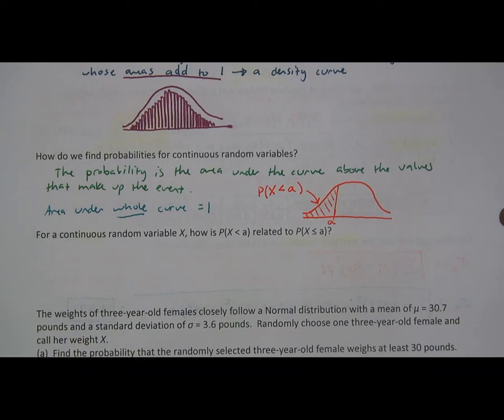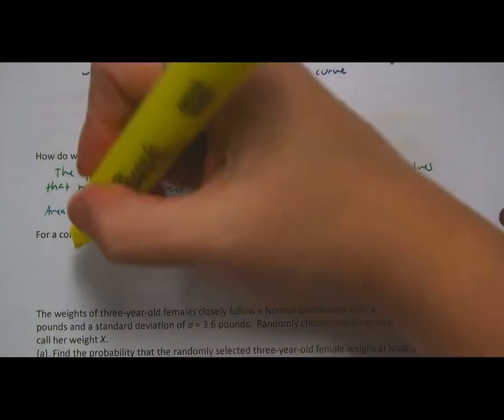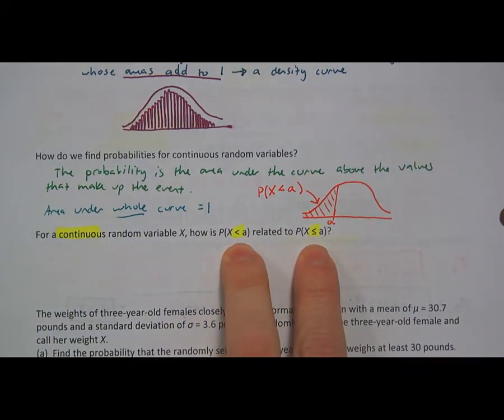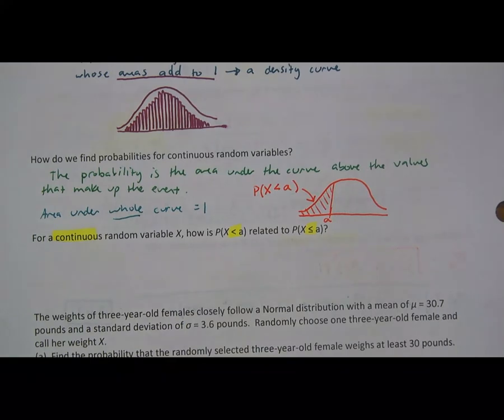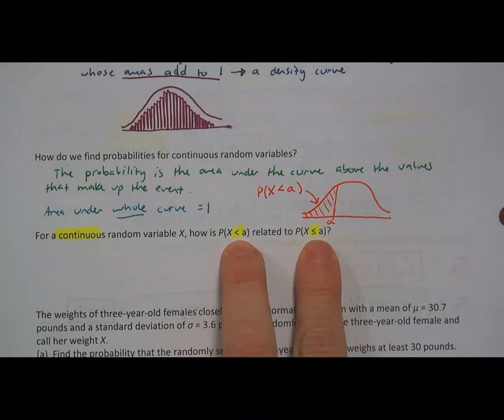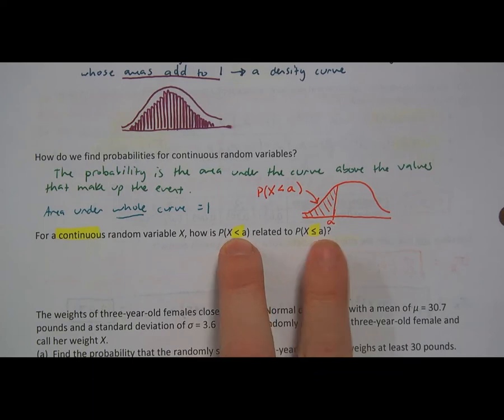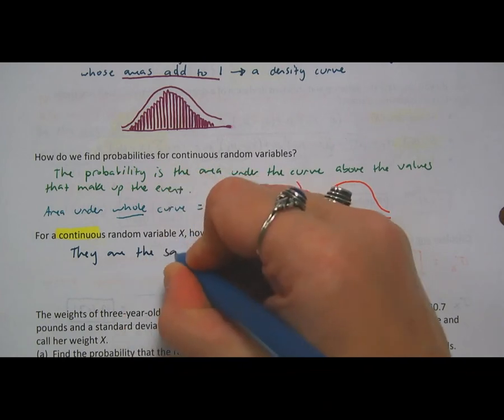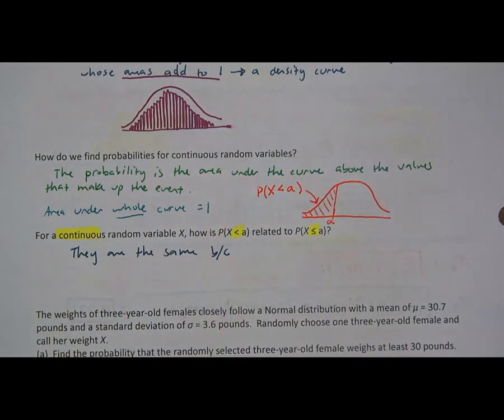Something that's really important for you to understand here is with a continuous variable, there is no difference in these symbols. There's no difference between less than and less than or equal to. Now, when we were talking about the foreign language problem, how many languages a student speaks, there was a difference between whether we include something or not. It was at least 3 versus more than 3. But with the continuous variable, those mean the same thing. They are the same because the boundary line adds no value.